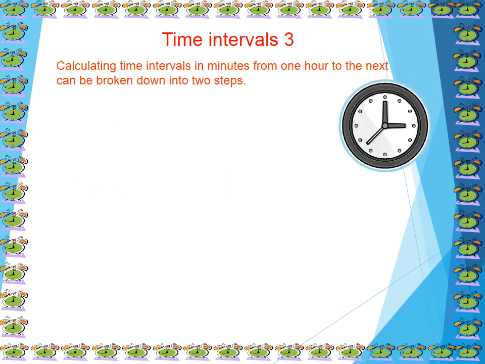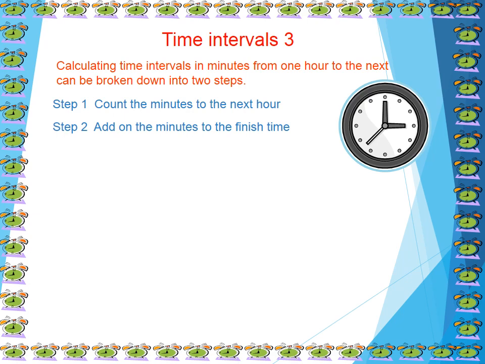Now calculating time intervals in minutes from one hour to the next can be broken down into two steps. First step, count the minutes to the next hour. Step 2, add on the minutes to the finish time. How? For example, how long is it in minutes between 3:50 p.m. and 4:25 p.m.? Look at the hours here.